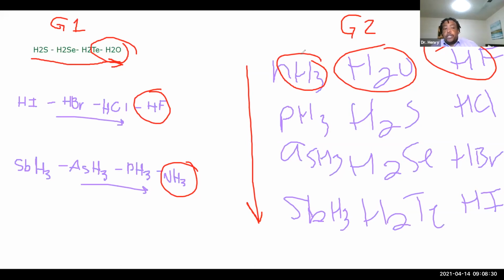If we start looking at the actual melting points of these molecules, where is it? There we go.